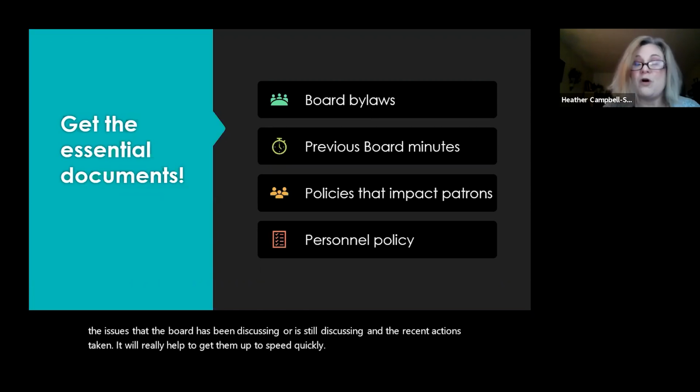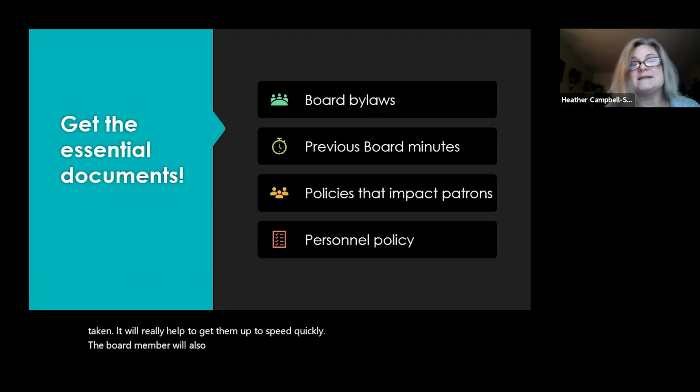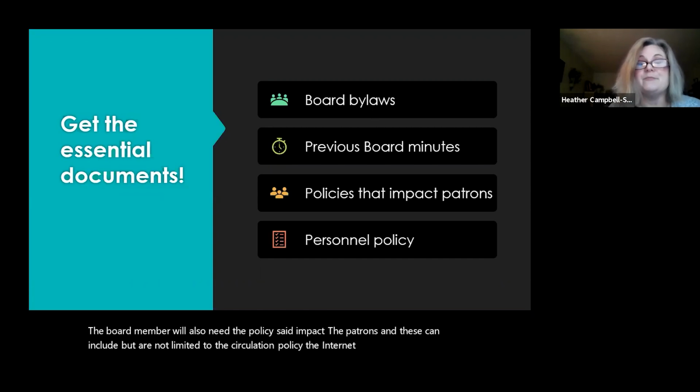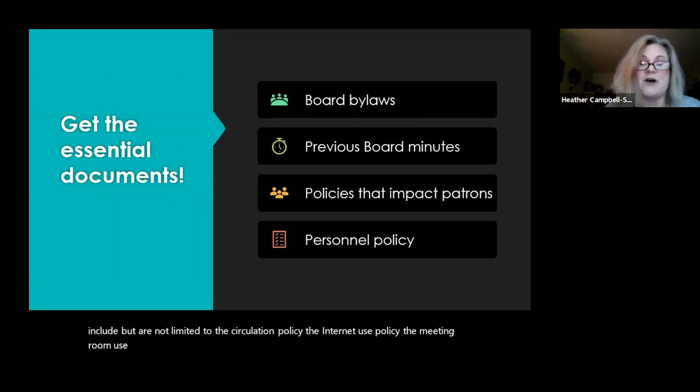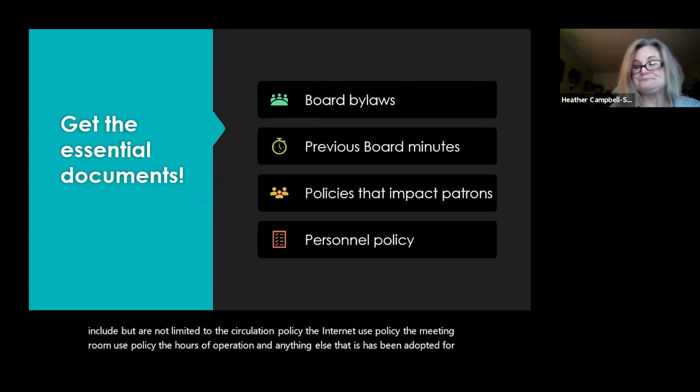The board member will also need the policies that impact the patrons. These can include, but are not limited to, the circulation policy, the internet use policy, the meeting room use policy, the hours of operation, and anything else that has been adopted for governing patron use.